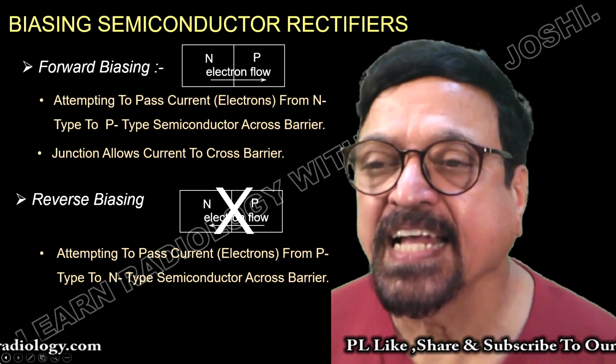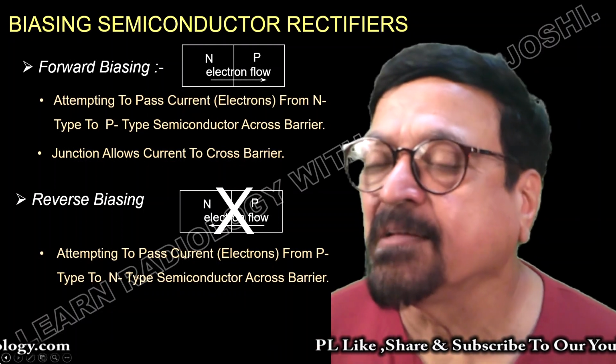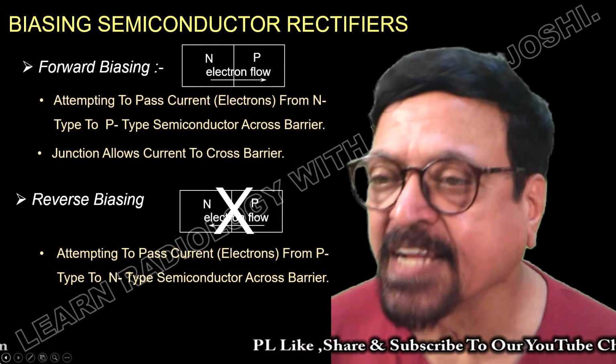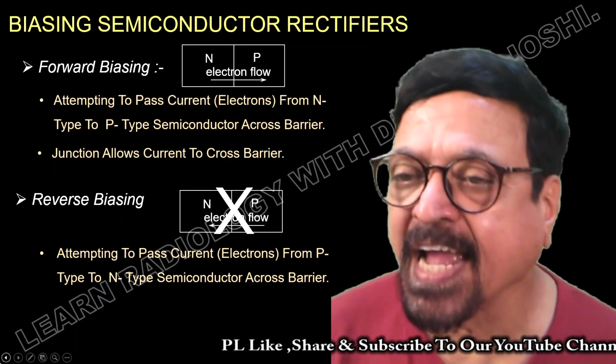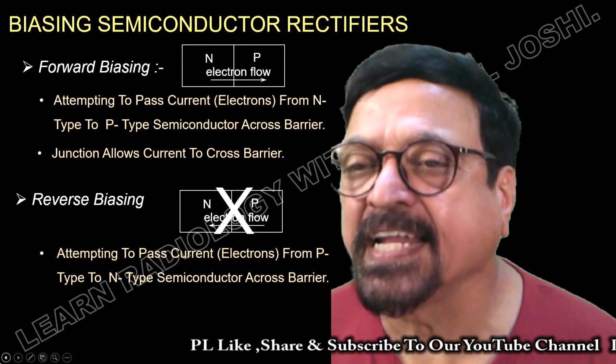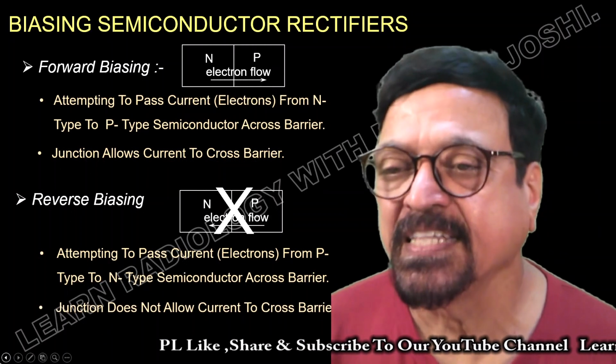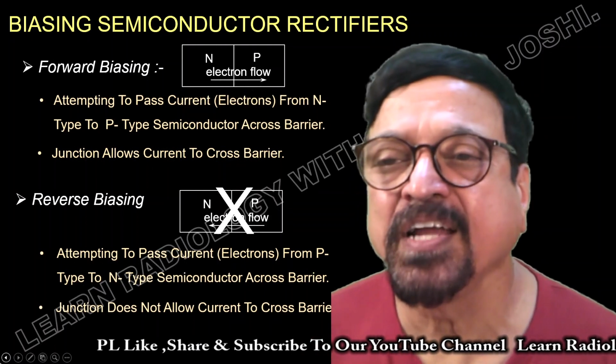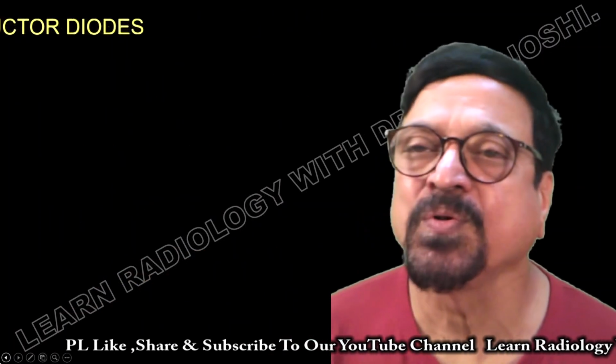Now reverse bias is when positive to negative flow is attempted, that is, passing electrons from positive type to negative type semiconductor across the barrier. Now the junction does not allow current to cross the barrier. So reverse bias does not serve any purpose.